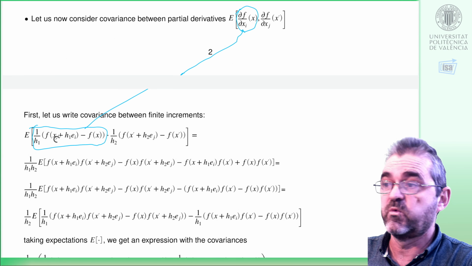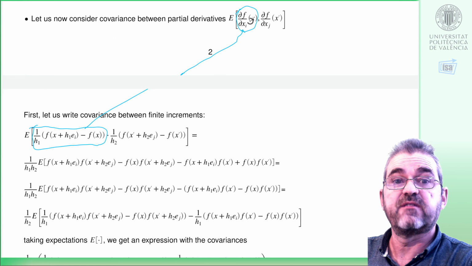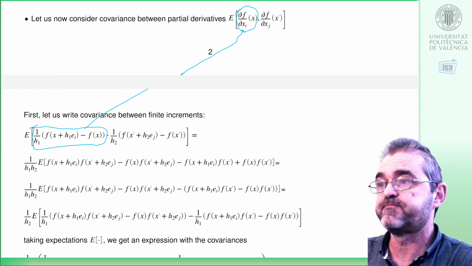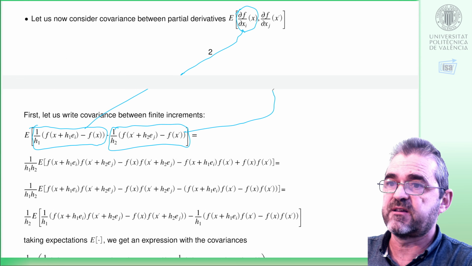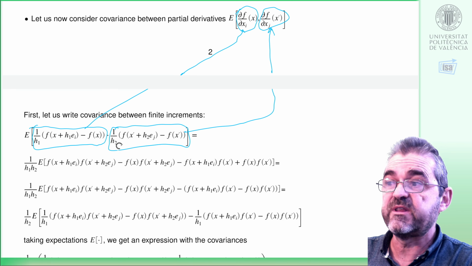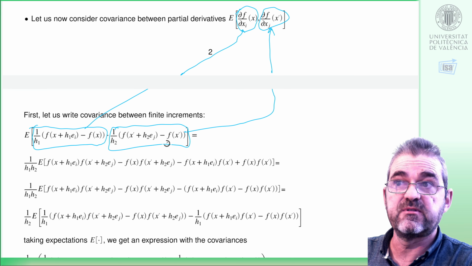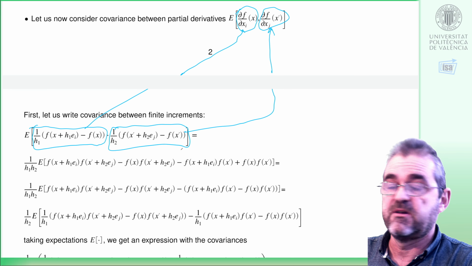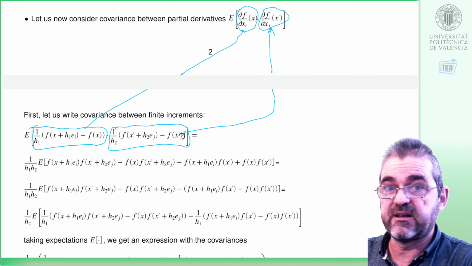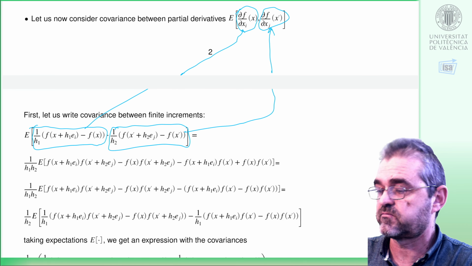This thing will be this partial derivative when we take limits when h1 tends to 0, and this thing will be this second partial derivative when we take limits when h2 tends to 0. So we'll first operate with this expression and we'll later on take the limits.